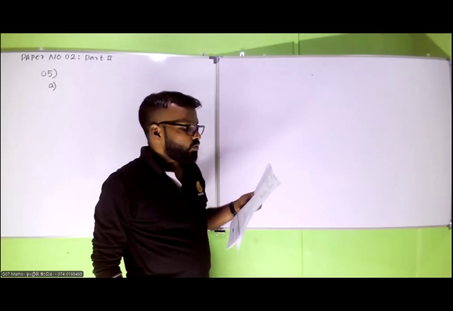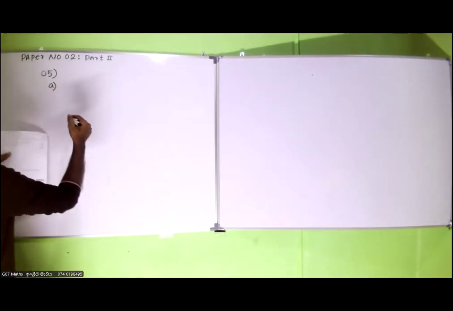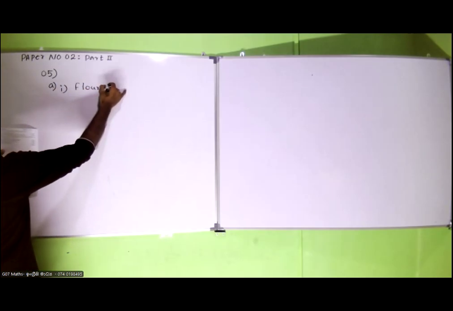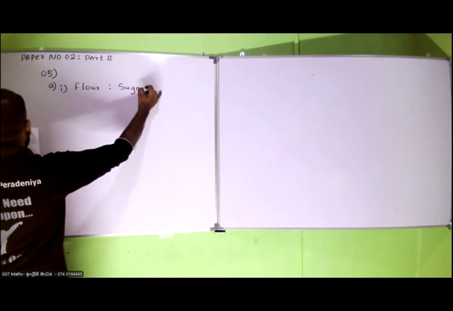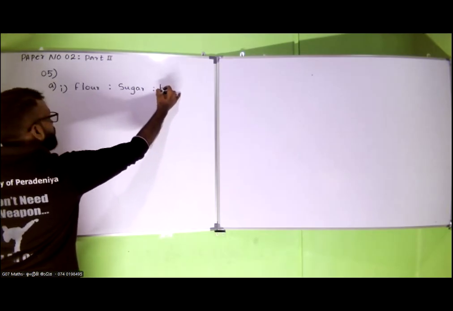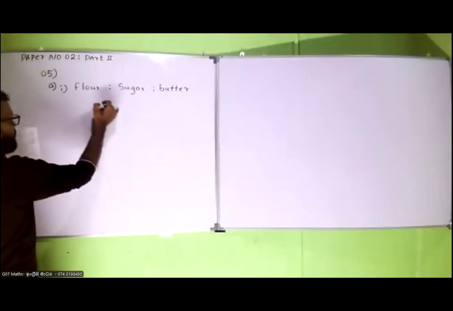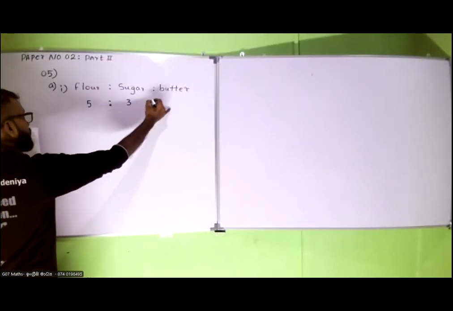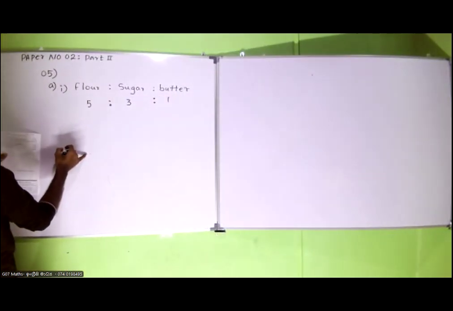To do this one, you have to first of all write the ratio. Flour to sugar to butter is 5 to 3 to 1.